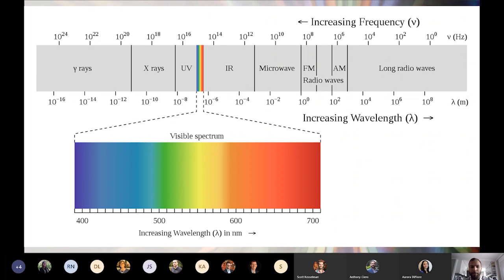Light is just a small fraction of this, and this whole spectrum is incredibly important for not just our technology and the things that we use nowadays, but for biology in its truest form as well.